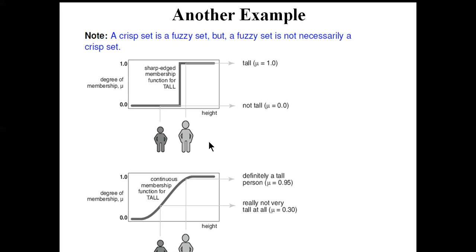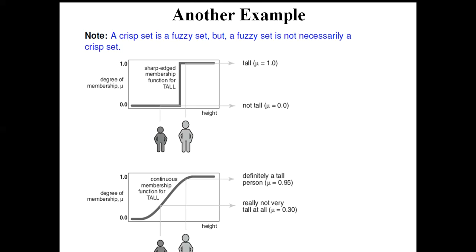Okay, true or false. But if we consider fuzzy logic, in that case we will say that if this person has a height of 6 feet, definitely a tall person. For 6.5 feet, we can say that the corresponding membership, or corresponding tallness, is mu equal to 0.95.